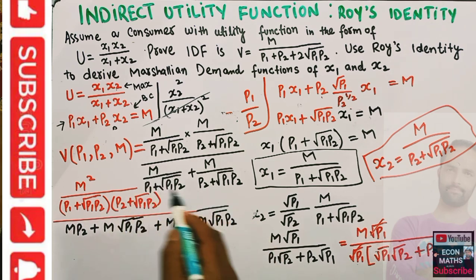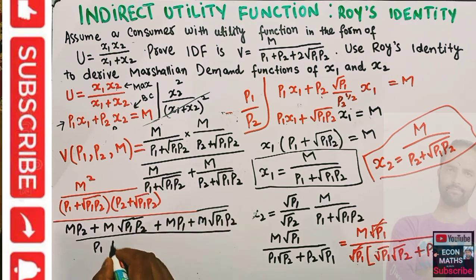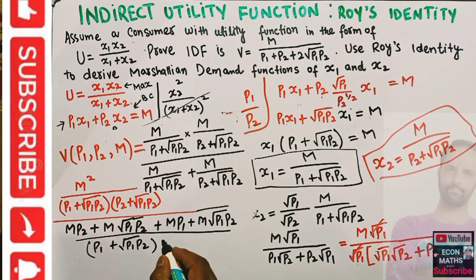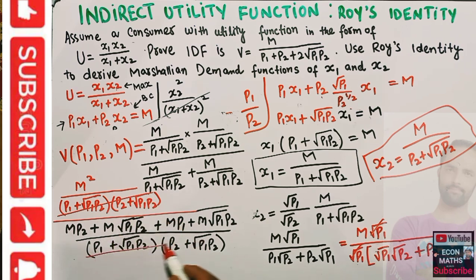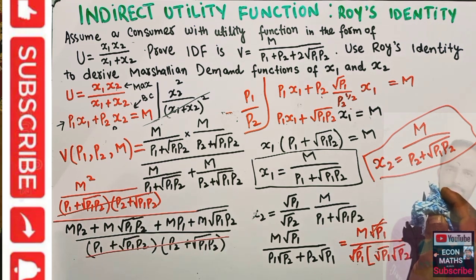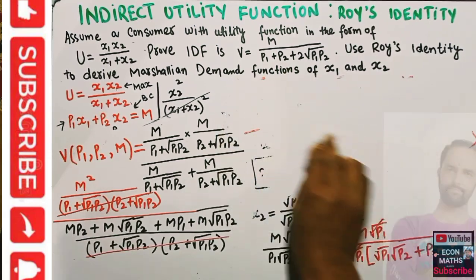So this whole divided by this stuff, that means p1 plus root p1 p2, then we have p2 plus root p1 p2. I hope I am making myself clear. So these terms will get cancelled, they are the same. We are left with, so let me rub this stuff here, okay.